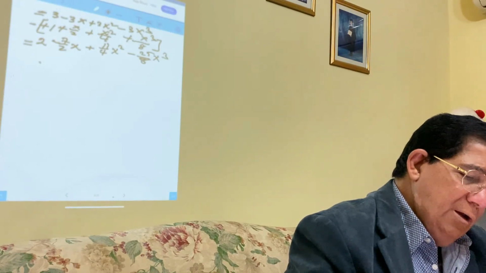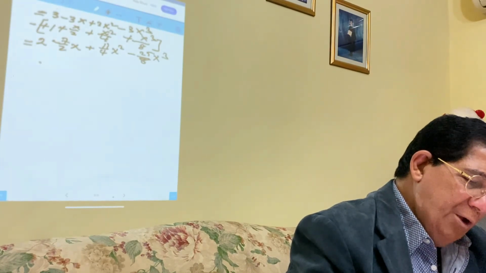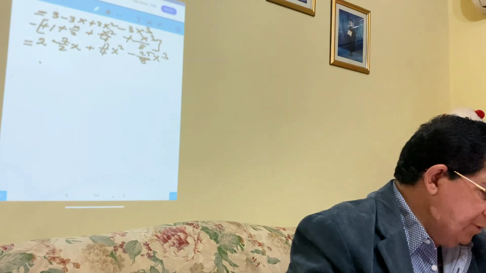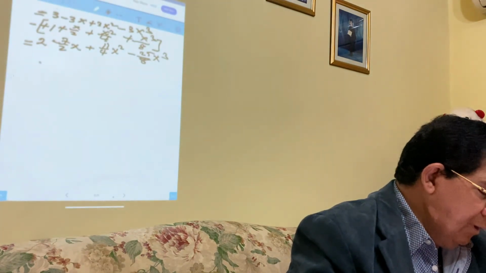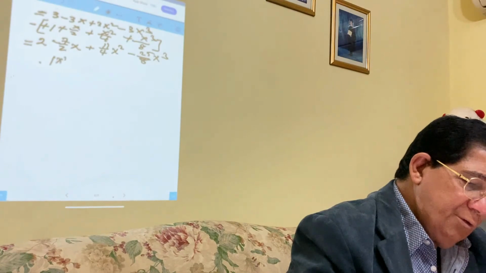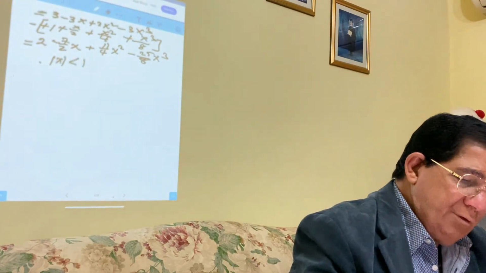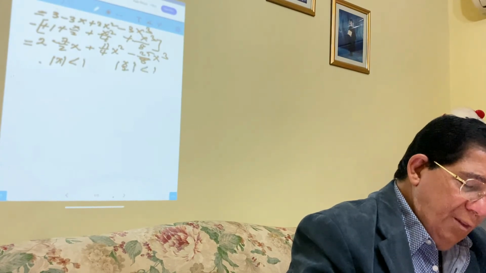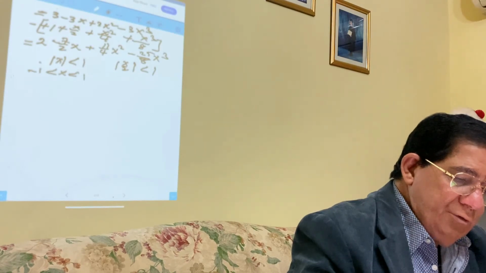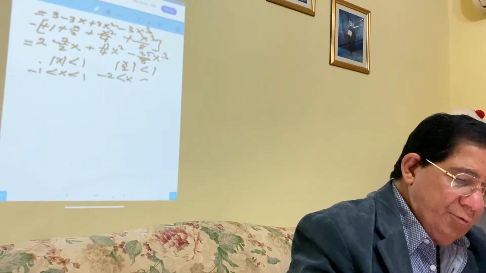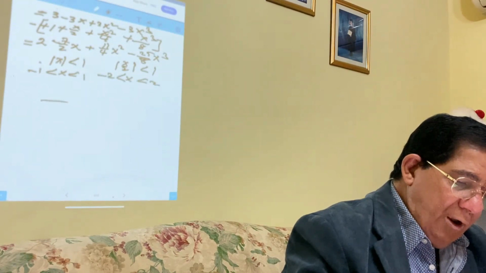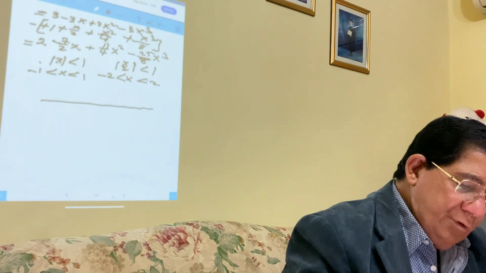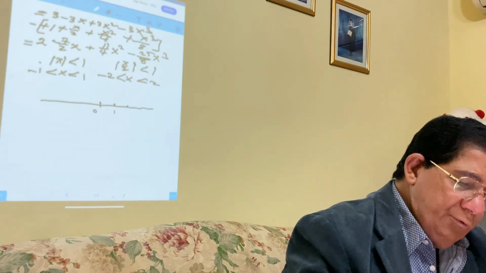What is the condition for the first expansion to be true? The first expansion to be true is that modulus x less than 1, and the second expansion, modulus x over 2 less than 1. This means x between negative 1 and 1. This means x between negative 2 and 2. In the number line, we have 0, 1, 2, negative 1, negative 2.